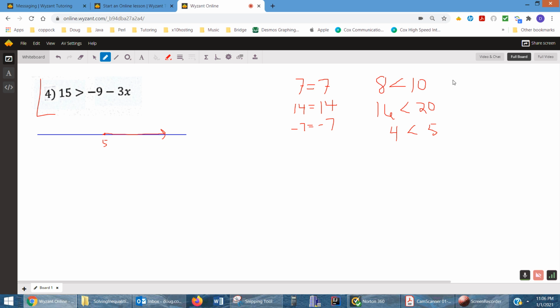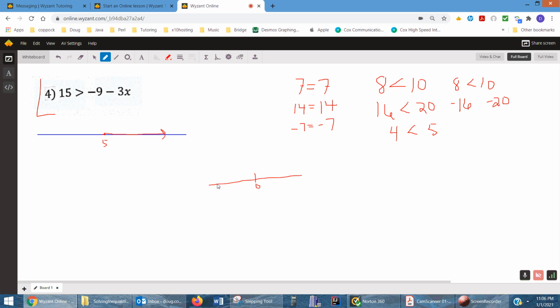But what happens if you multiply both sides by a negative number? Let's multiply both sides by -2 and see what happens. I get a -16 over here and a -20 over here. And if you think about the number line, -20 is to the left.